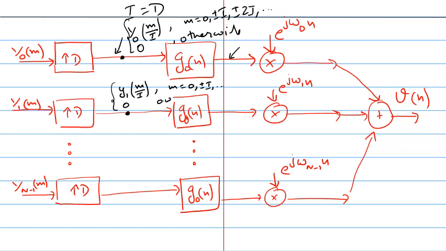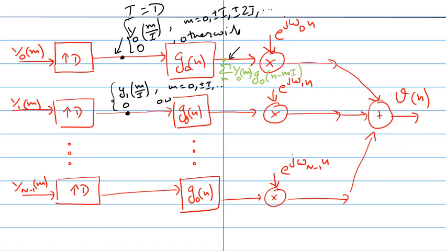So at this node, we'll be getting summation over m y naught m g naught n minus mI.